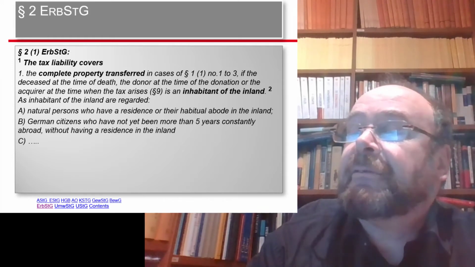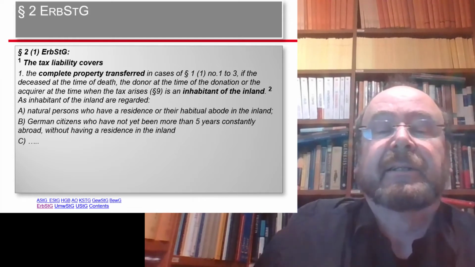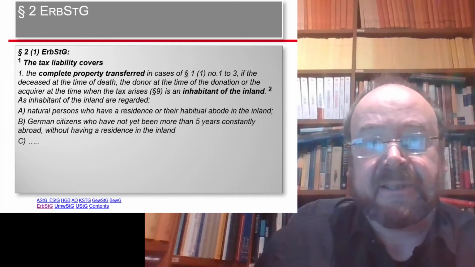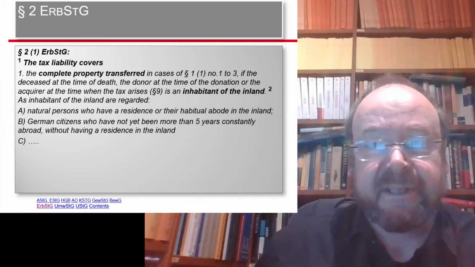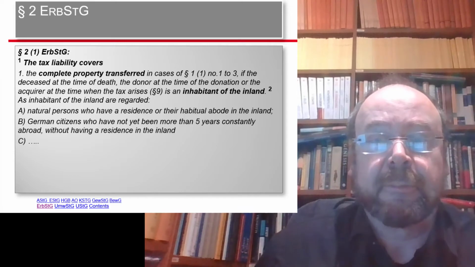As inhabitant of the inland is regarded any natural person who has a residence or habitual abode in the inland. That is the case both for Mr. X and for Norbert Nobody in our case, so everything's fine here.